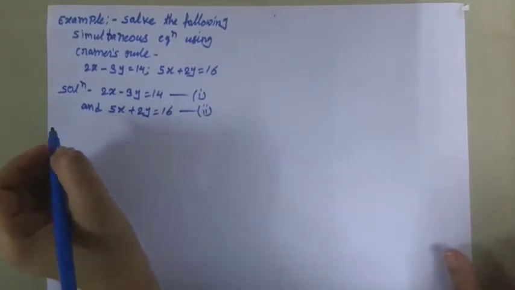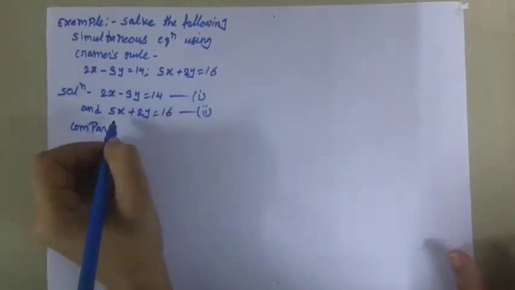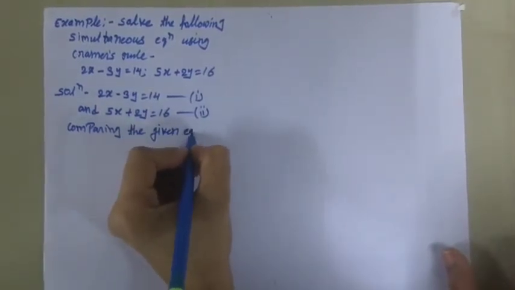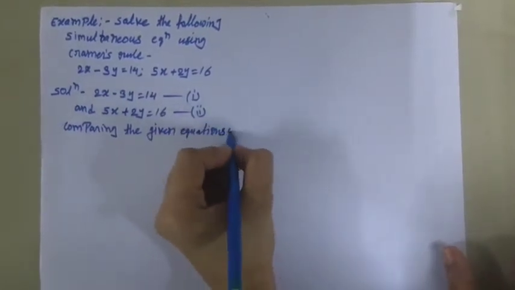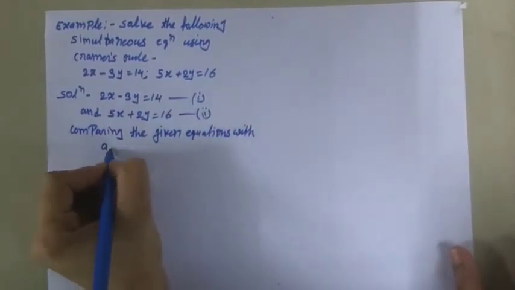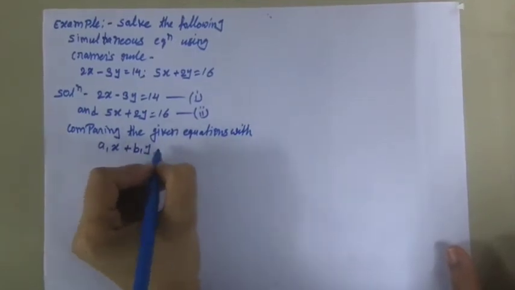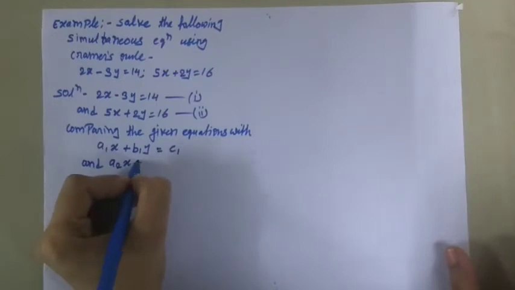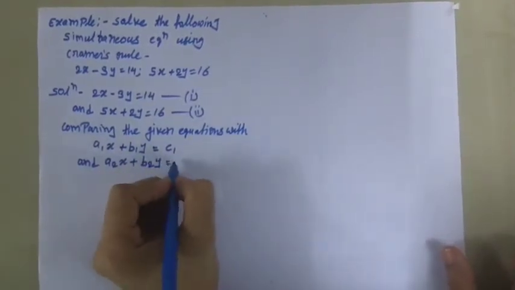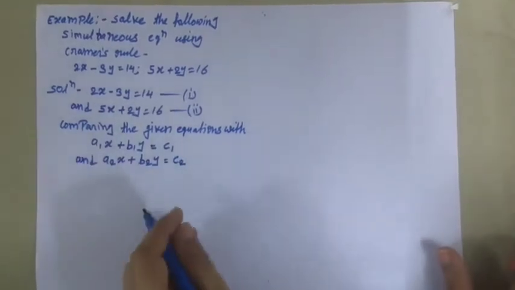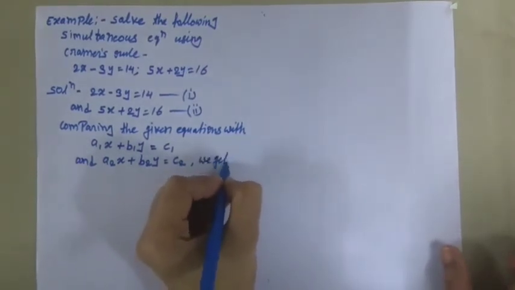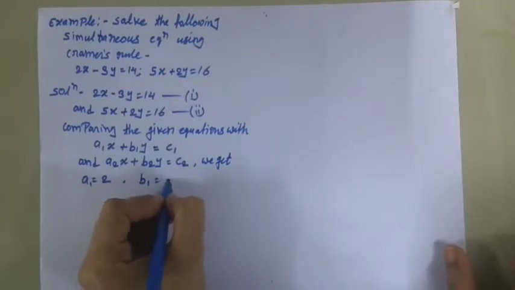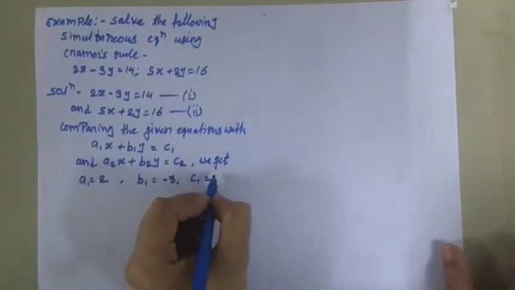Comparing the given equations with a1x plus b1y equal to c1 and a2x plus b2y equal to c2, we get a1 equal to 2, b1 equal to minus 3 and c1 equal to 14.